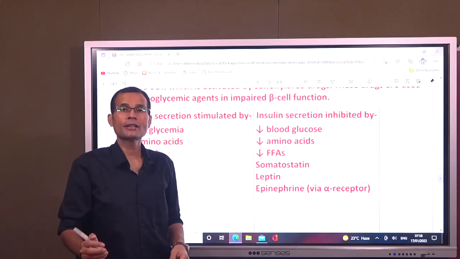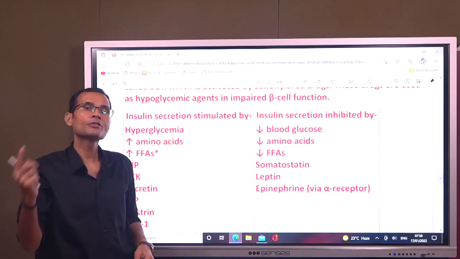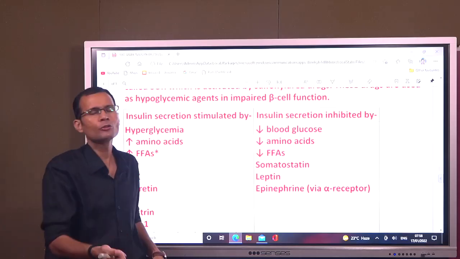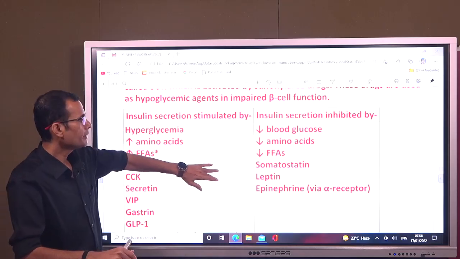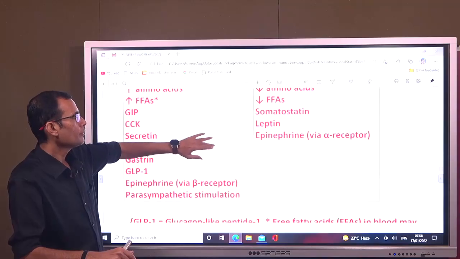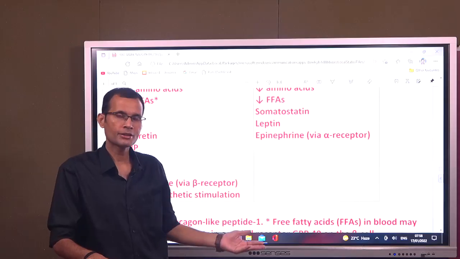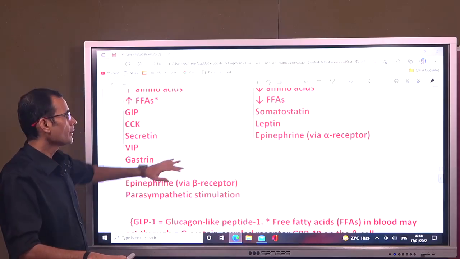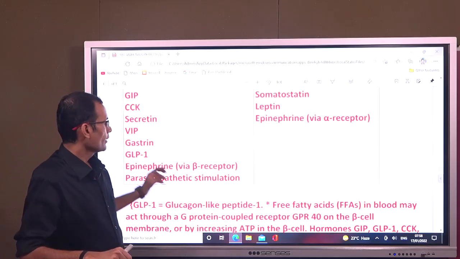Then somatostatin. Remember that delta cell in the pancreas? It is going to suppress insulin as well as glucagon secretion. Here we are talking about insulin. It's inhibited by somatostatin. Then leptin. We have described leptin in some other chapter. Leptin and epinephrine via alpha receptor. Note one point.